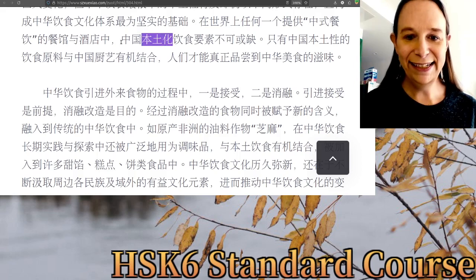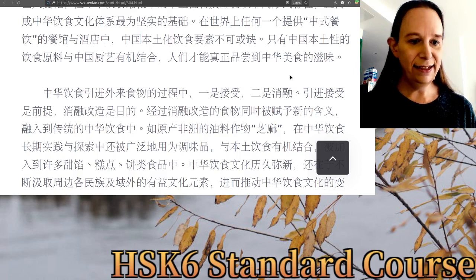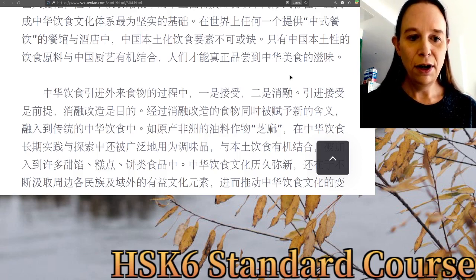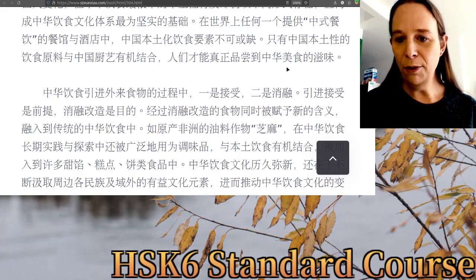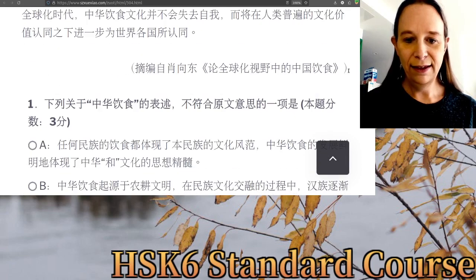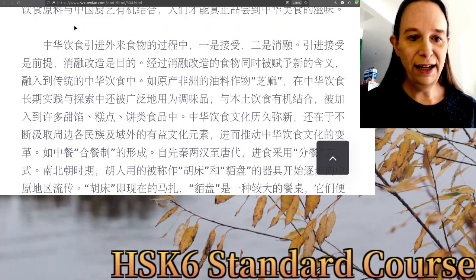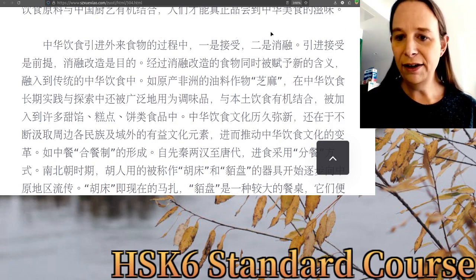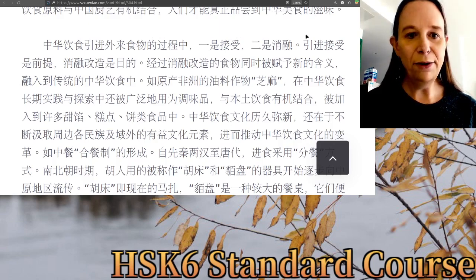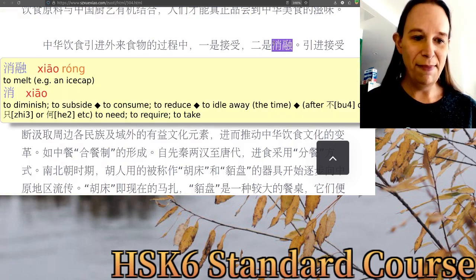It's like adapted to Chinese tastes or something like that. 只有中国本体性的饮食原料与中国厨艺有机结合，人们才能真正品尝到中华美食的滋味。Okay, I'm going right. 中华饮食引进外来食物的过程中，一是接受，二是消融。What's 消融？Assimilate, accept and melt.